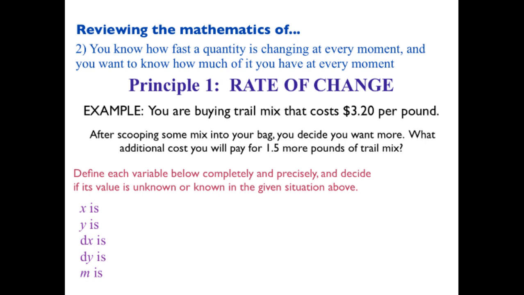Okay, so is it the total weight or the total number of pounds or the additional number of pounds? Okay, it's going to be the total. X is going to be the total number of pounds, and I think you'll see why very carefully soon when you finish this out. Okay, so finish these and go ahead and get a partner and work on these together, or group of 3 at the largest.